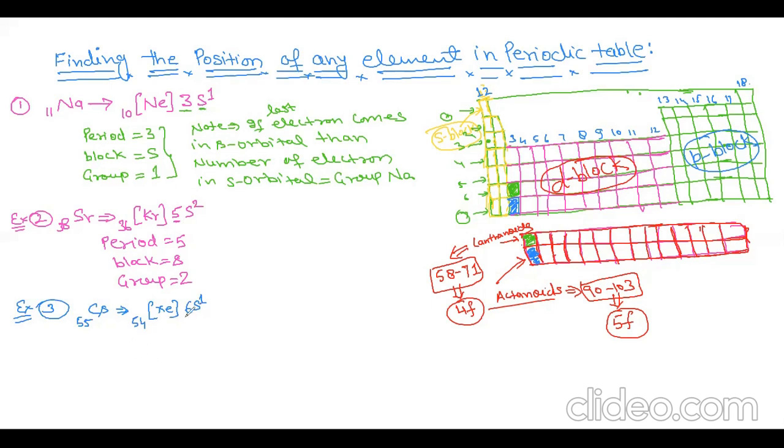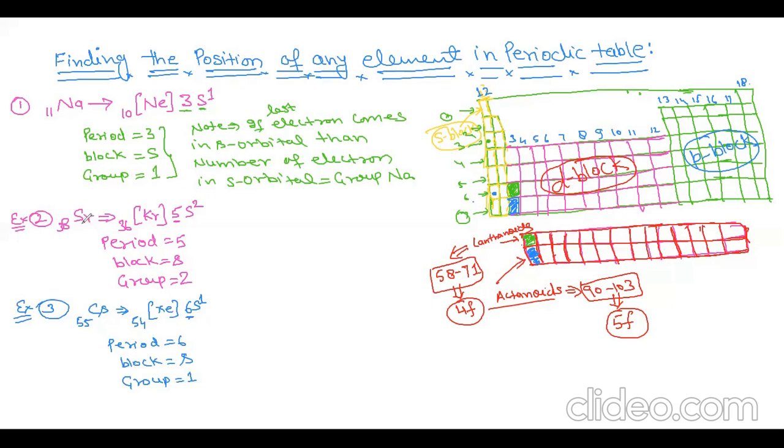The period number is the largest number, that is period number 6. The block is S, as the last electron is coming in S. Then group is equal to the number of electrons in S, that is 1. So we can say cesium belongs to period number 6 and group number 1. Here is the position of cesium.